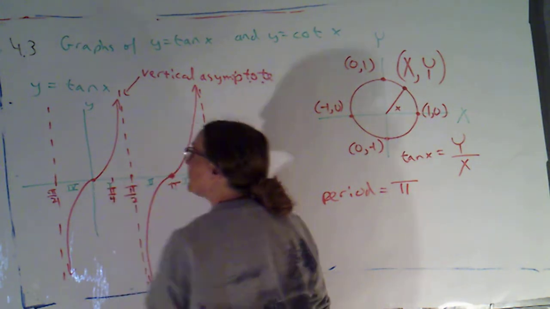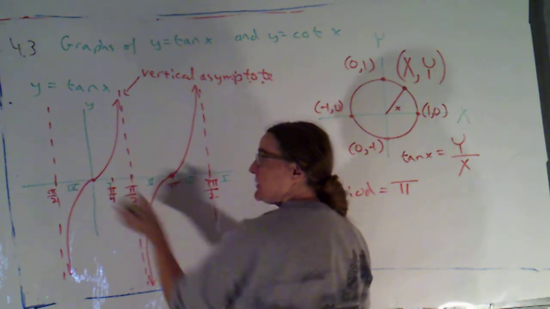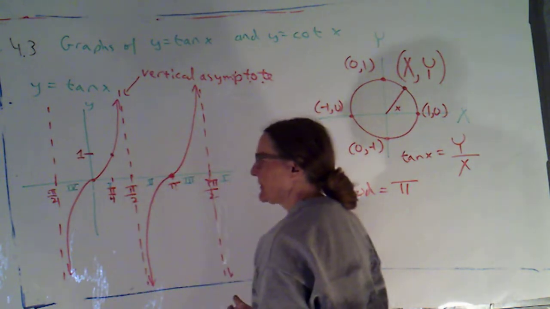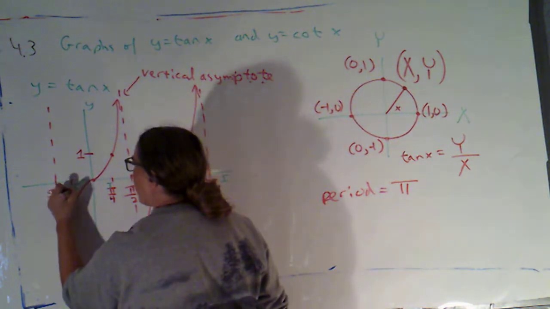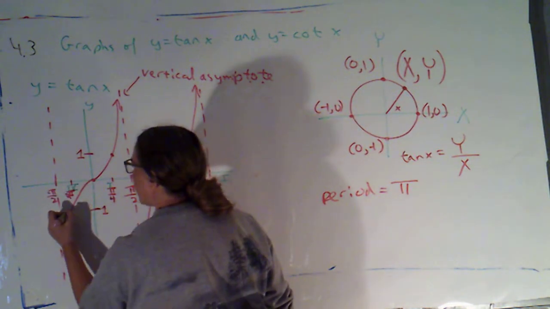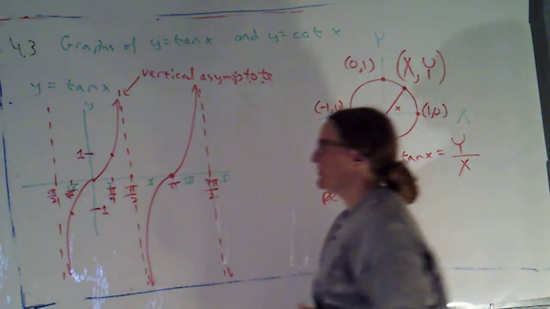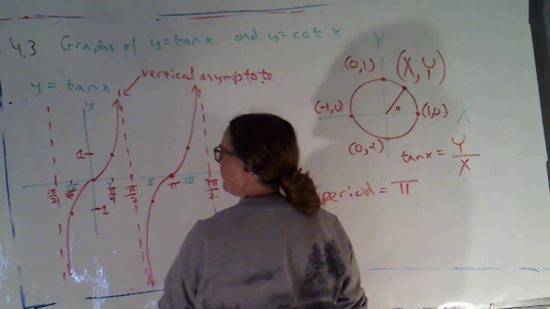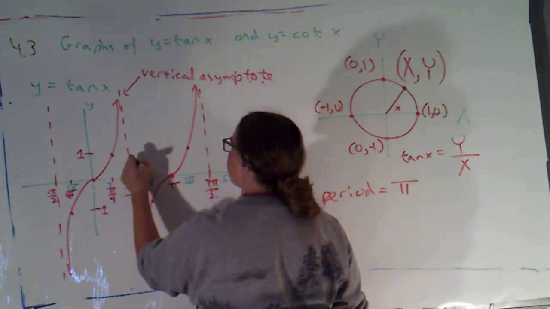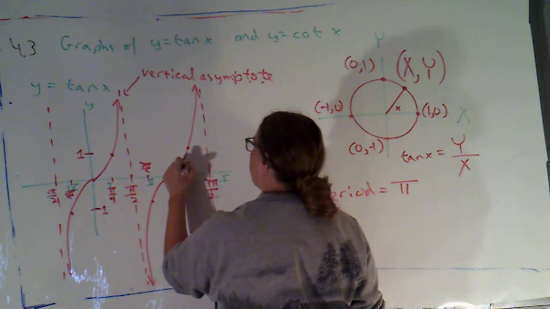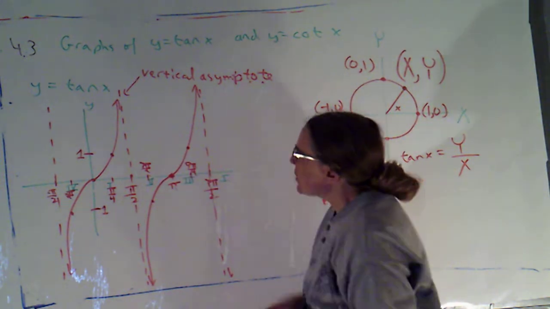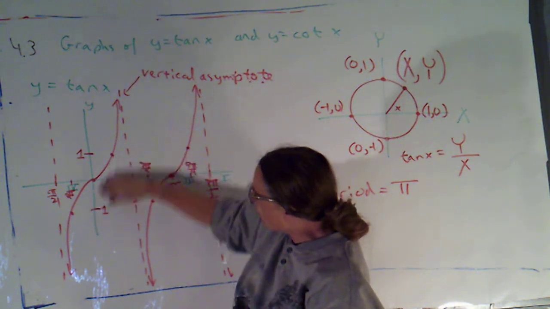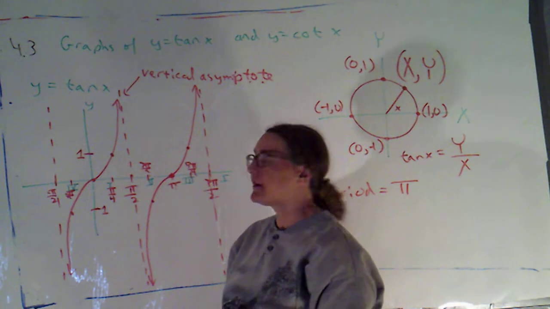At pi over 4, which is halfway between 0 and pi over 2, I know my tangent would be 1. And then at negative pi over 4, I know that my tangent is negative 1. And then I'd have basically the same thing over here. These angles would be 3 pi over 4 and 5 pi over 4. So by plotting those points, that helps me to see just exactly how steep, how quickly it's going off to infinity or negative infinity.